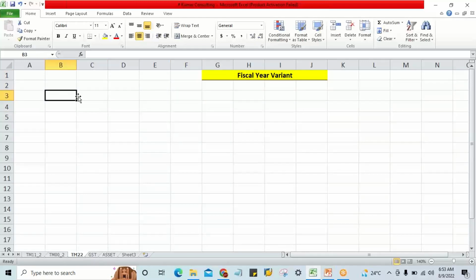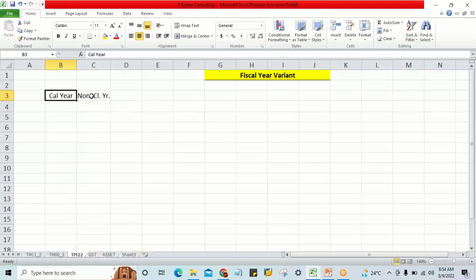One is called calendar year, another one is called non-calendar year. I'm just typing in shortcut, so don't look at the spellings.